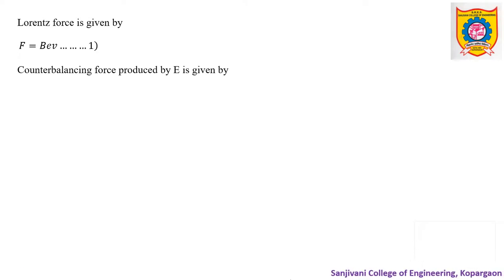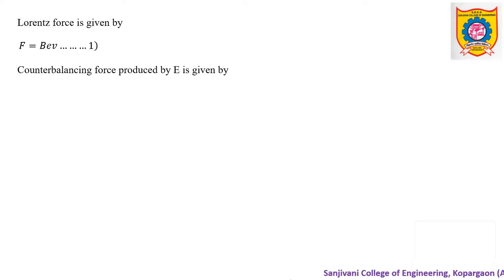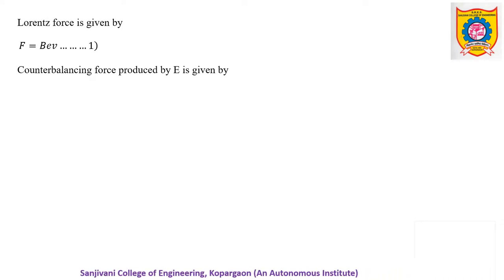Because of this Lorentz force, EMF is induced and some electric field is generated. The two surfaces F and F dash show the development of potential difference, and when it is measured we denote it as VH. So this VH is called the Hall voltage, which is developed across the surfaces separated by distance W, that is width.